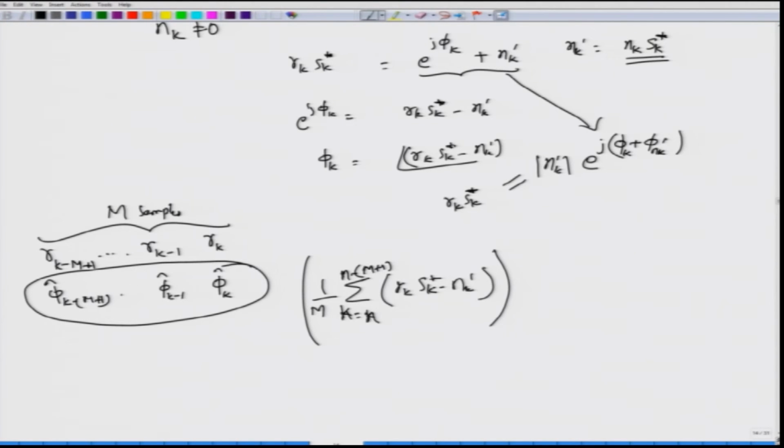So, what you are doing is finding the average phase phi k at the kth time based on a moving average over m samples, or an m-sample window function. You can also multiply it by other smoothing functions in order to better perform the averaging process. When you do that, you get an average phase estimate.